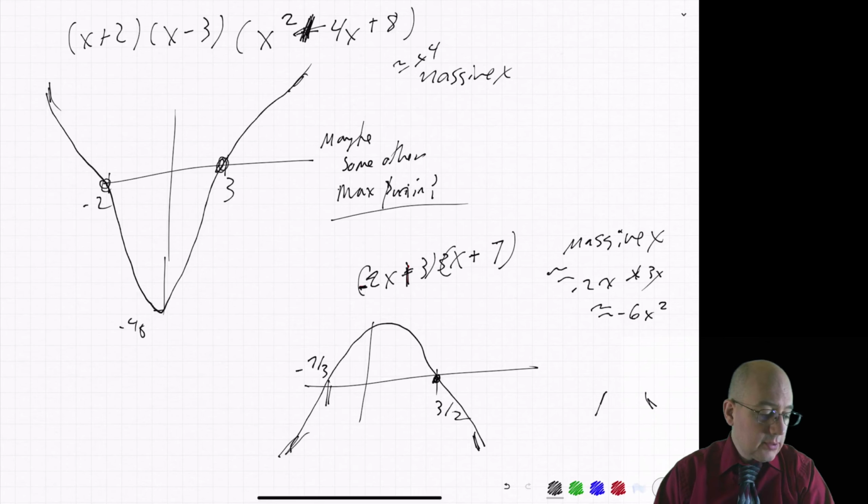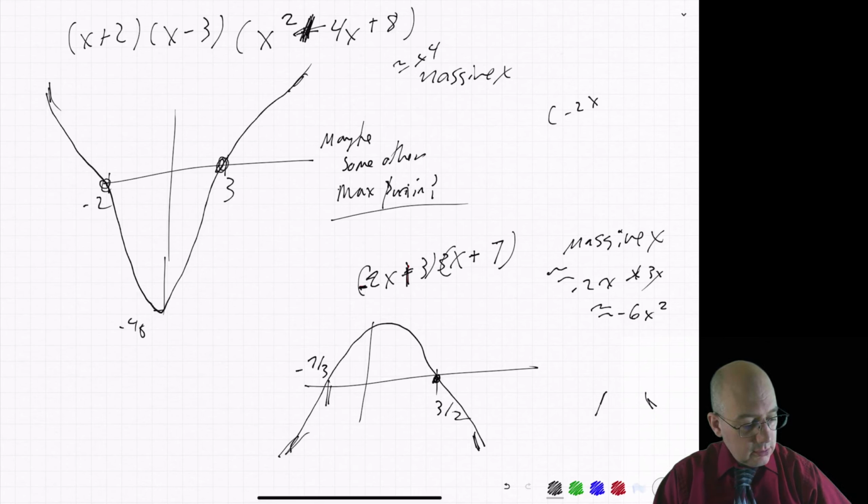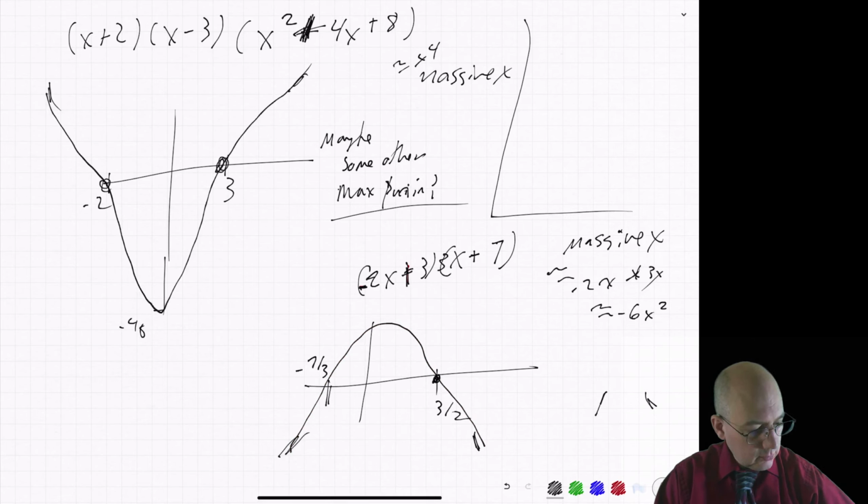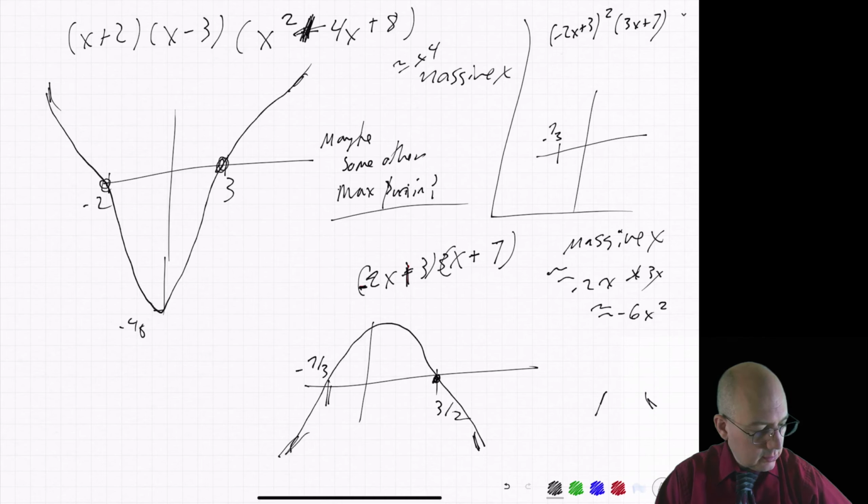And you know, if you had a square, then minus 2x, oops. If you had minus 2x plus 3 squared, 3x plus 7, you know, it's going to be the same kind of thing. And it's just the zeros.